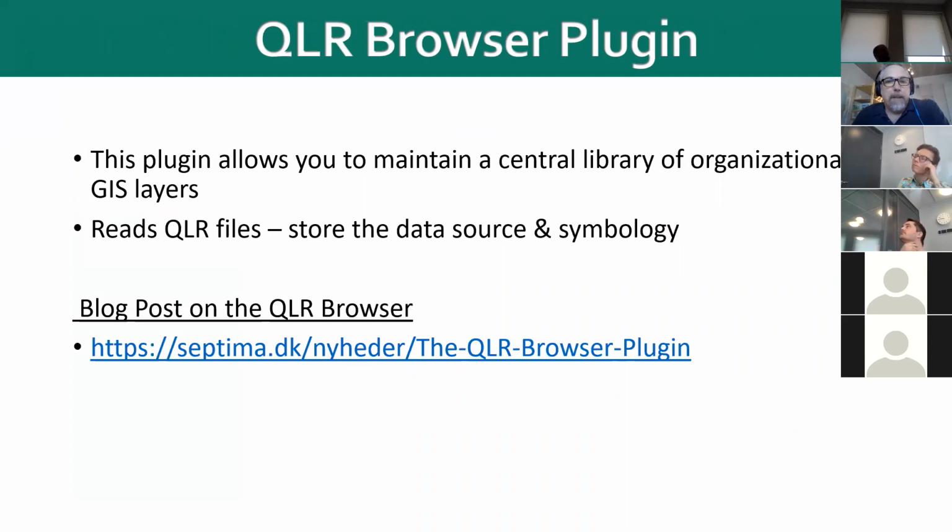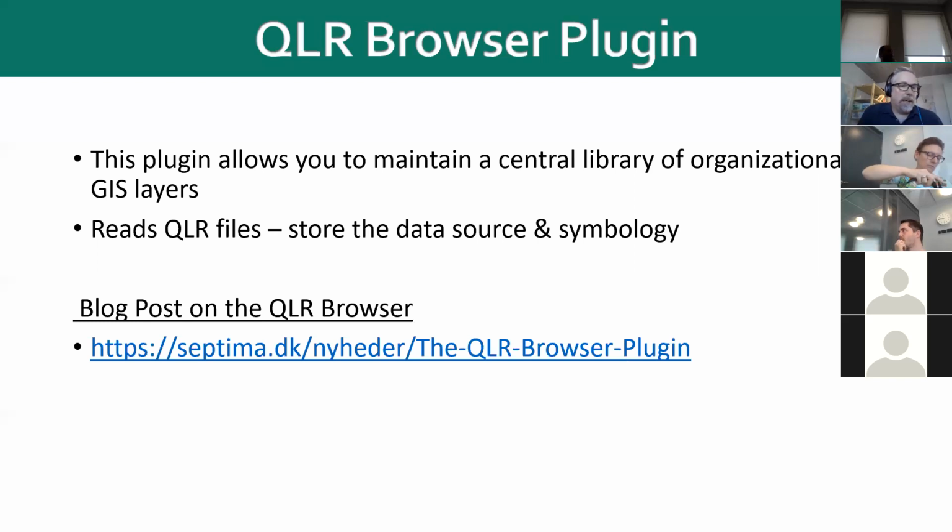The QLR browser is a plugin that allows an organization to have a central library of layers. These QLR files are files that point to the data source. The data source might be a PostGIS database. It might be an online WFS service, like Dataforsyning serves out.